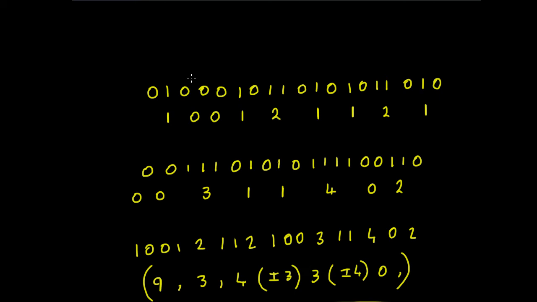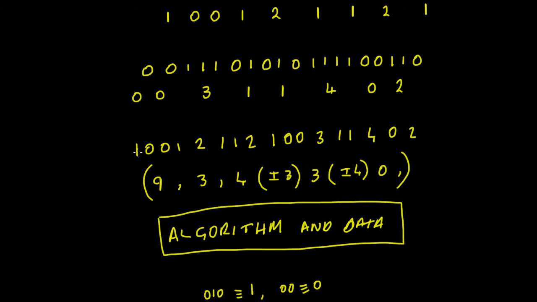The 0, 0 will give us a 0, and 0, 1, 0 will give us a 1, and then we have a 0 there and a 0, so that would be a 2. The 0, 1, 0 would be 1, and again that would be a 1 and a 2 and a 1, and the same throughout here. If you follow these along, for example, that pattern there would be a 0 and four 1s and a 0, so that would be a 4. So if we take this line and this line, and we just write it out, then we'll end up with this line here.